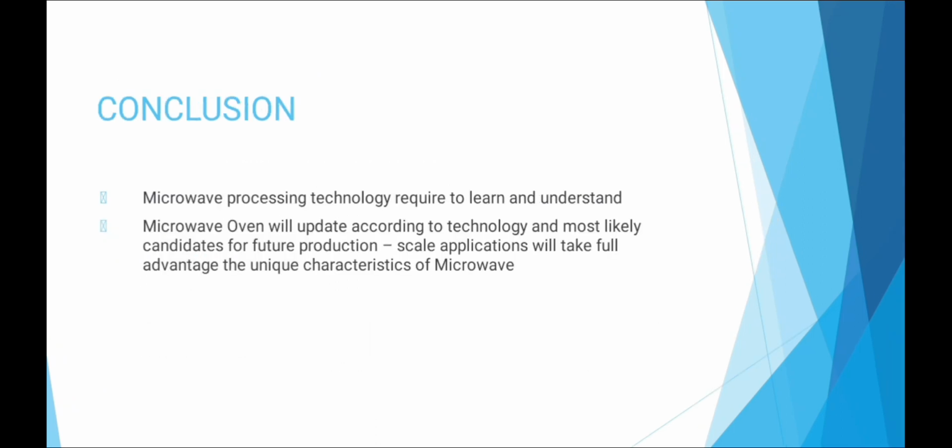Microwave processing technology is required to learn and understand. The microwave oven will be updated according to technology, and the most likely candidates for future production scale applications will take full advantage of the unique characteristics of microwave.